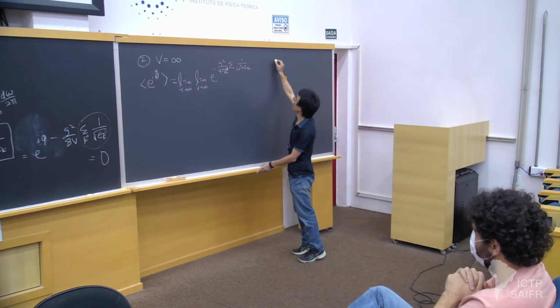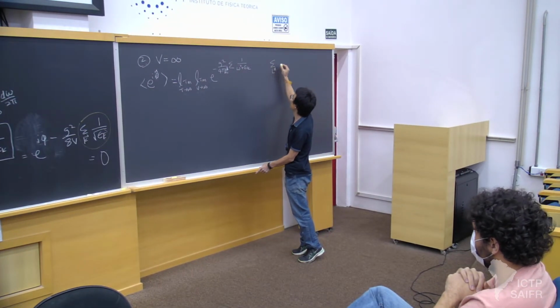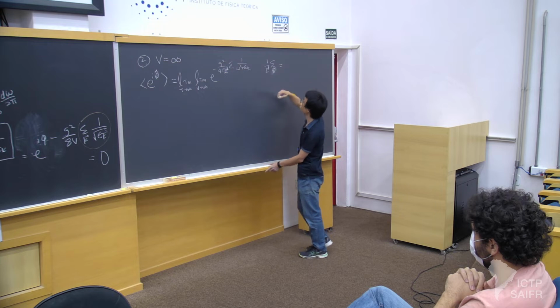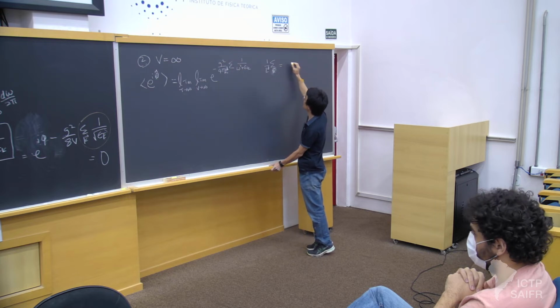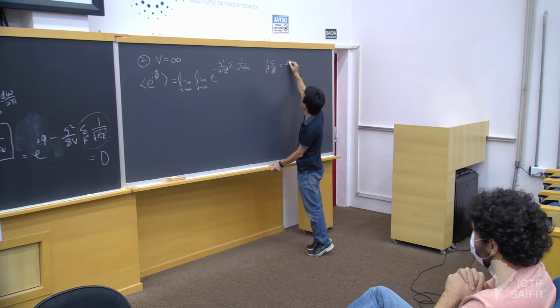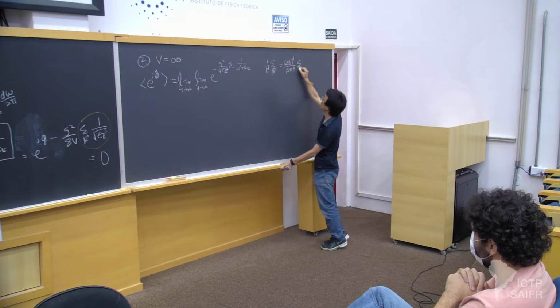And then 1 over L to the D, or sum over all momentum, L to the D is nothing but delta k to the D over 2 pi to the D, sum over all momentum.